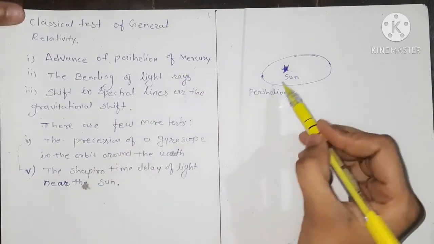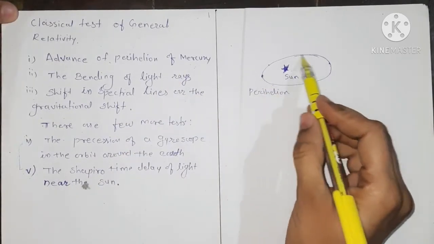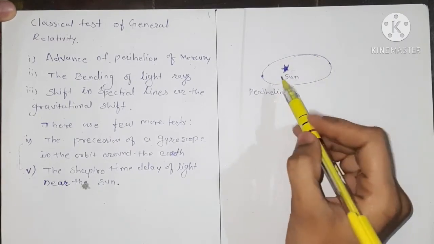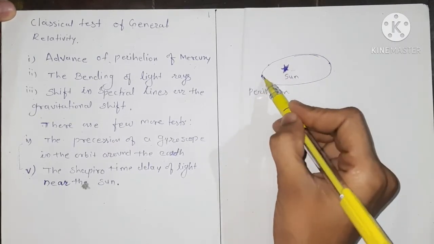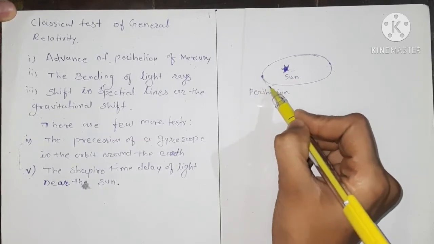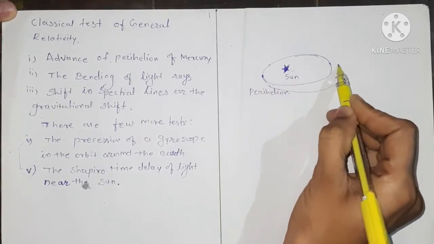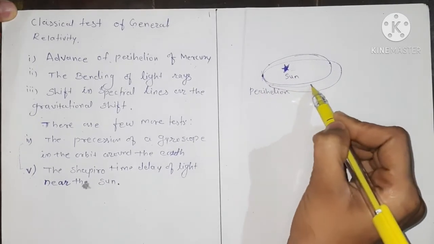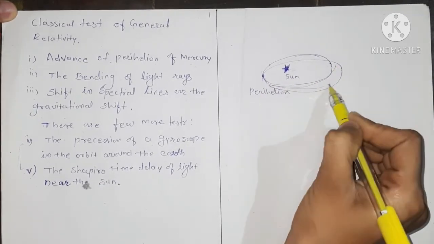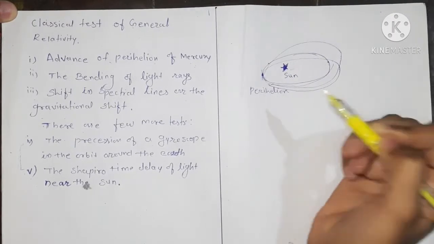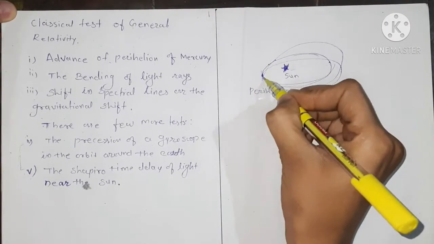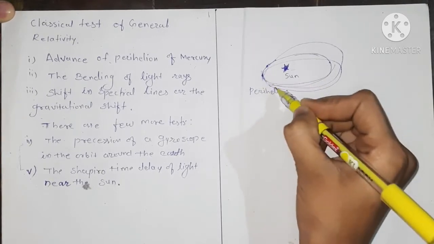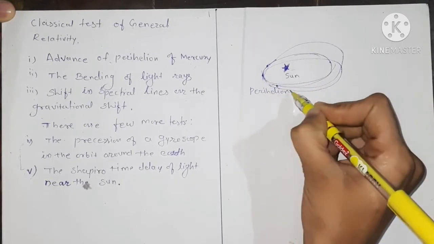That is, when the planet Mercury completes one rotation, it changes its orbit slightly. Okay, like this, or it may be in this way. So there was a change in the perihelion. If the planet is here, then it is shifted to here or here.